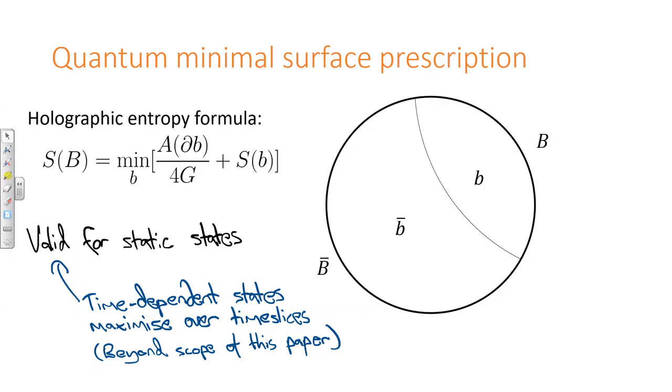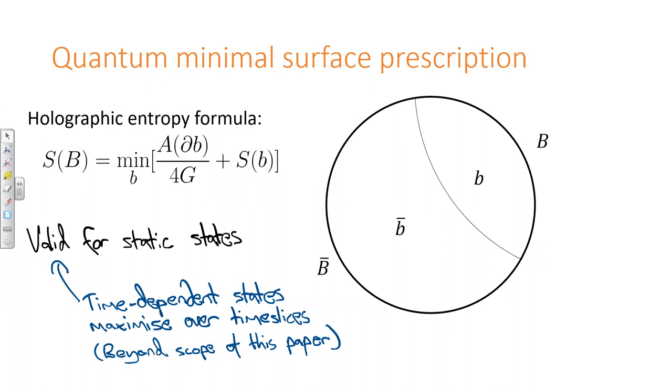And then to compare, you need to answer the question of which slice you should be using. The answer is that you should choose the slice that maximizes this minimum generalized entropy. So you first minimize, and then you maximize over all the minima. That's the real general formula.